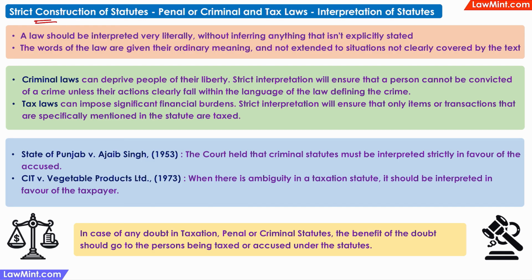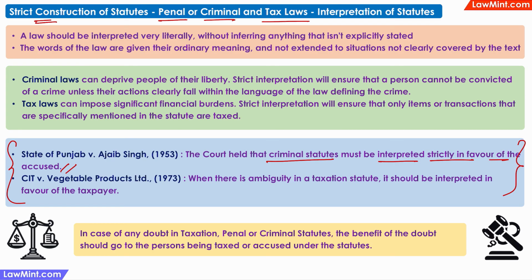Strict construction of statutes is also a very simple concept. In case of penal, criminal or taxation related statutes, they may impose a punishment, a hardship or a burden on the people. So such laws must be interpreted strictly so that only those situations or transactions that are specifically mentioned in the law are covered by it. In some landmark cases, the courts have ruled that criminal or penal statutes must be interpreted or constructed strictly in favor of the accused.